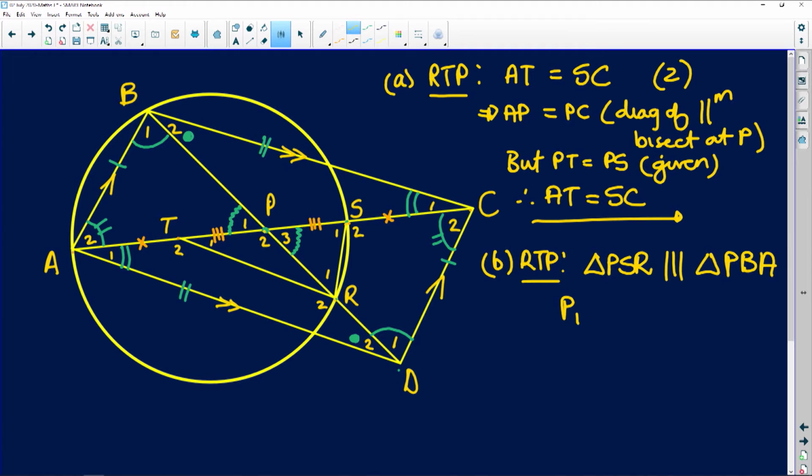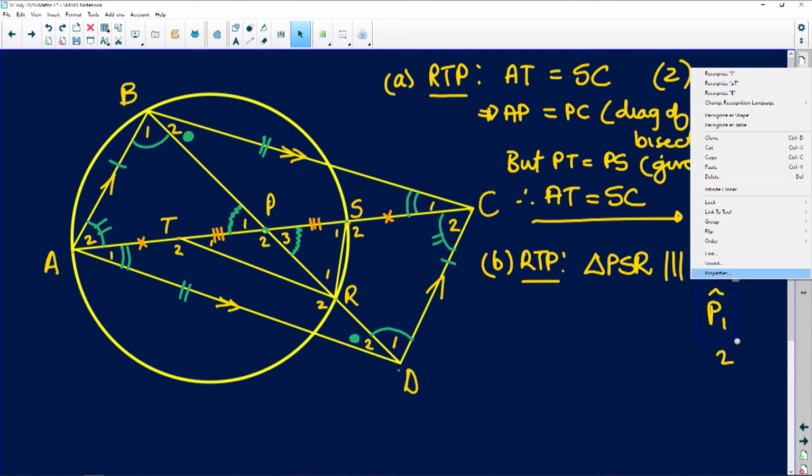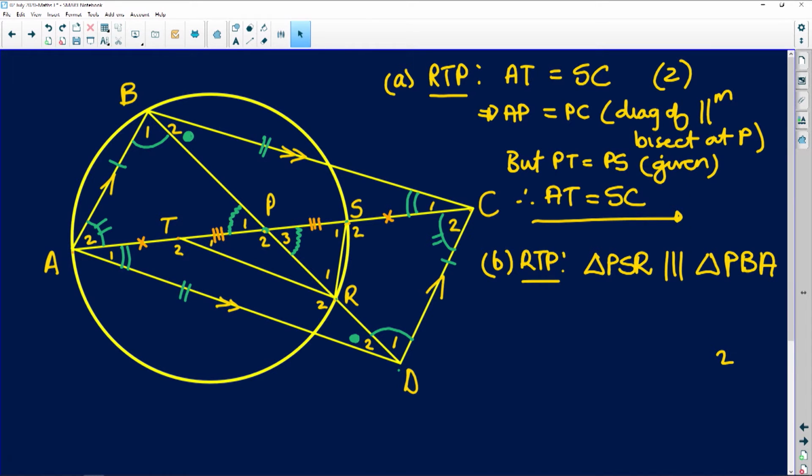So let's do that. P1 lies in the bigger triangle, and P2 lies in the bigger one. Let me just move that up. P2 belongs in the bigger triangle.